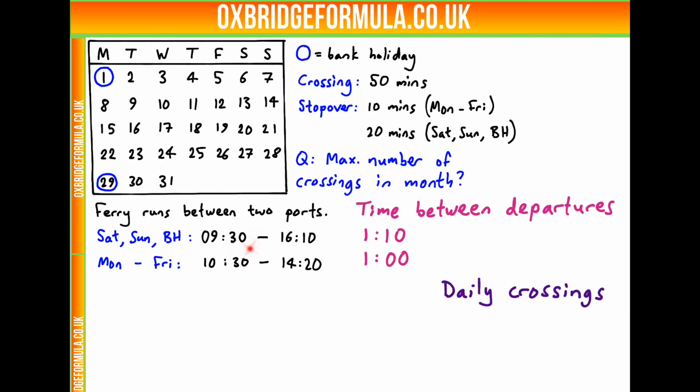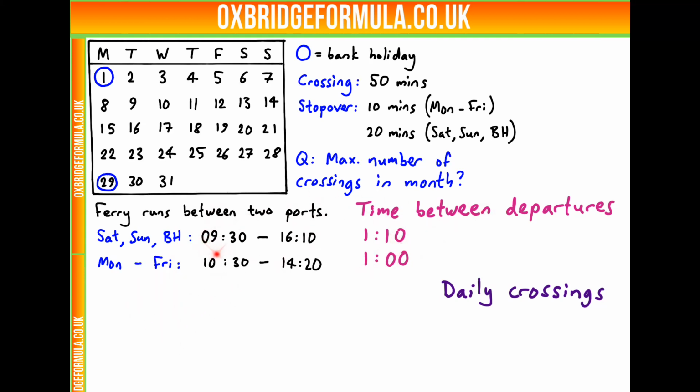So how many daily crossings are there on Saturdays, Sundays and bank holidays? Well, we're dividing up this time between 9:30 and 4:10 into hour and 10-minute sections. Maybe it's simplest just to go through the different times of departure.